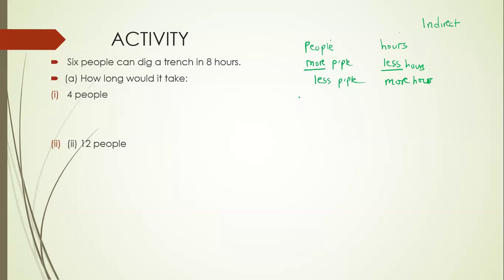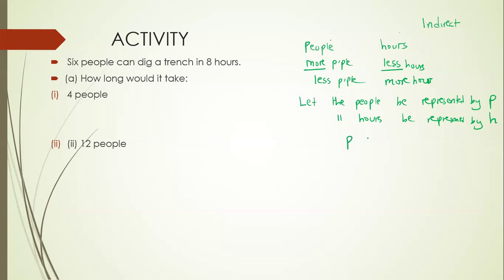So first you'll say, let the people be represented by P. Let the hours be represented by H. So what do you know? More people, less hours.